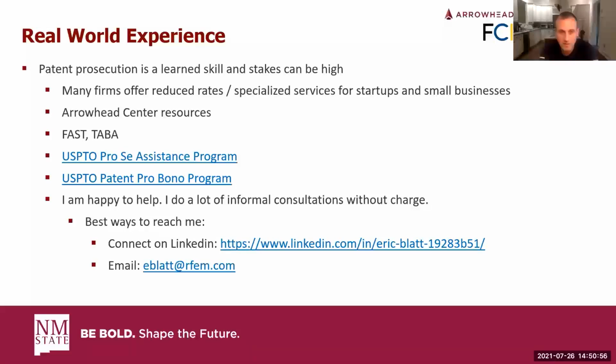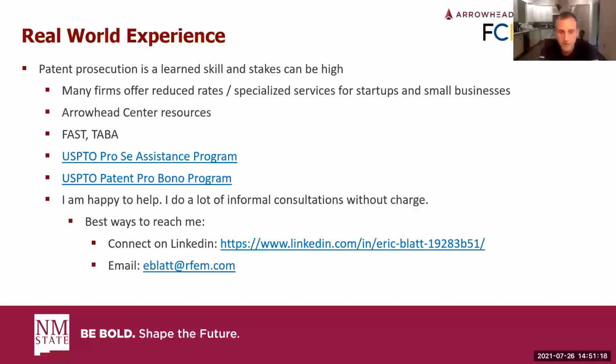I think that the Arrowhead Center and New Mexico State University has resources that may go live in the next couple months. If you're looking for money to pay a patent lawyer, there's the FAST program, which Dell has some information about, the resources that are available there.